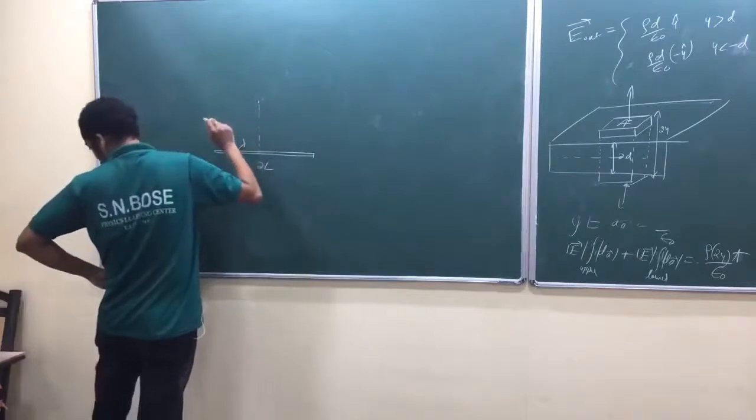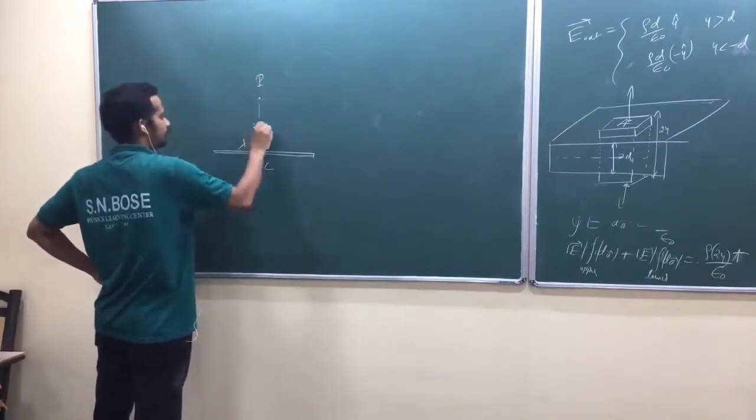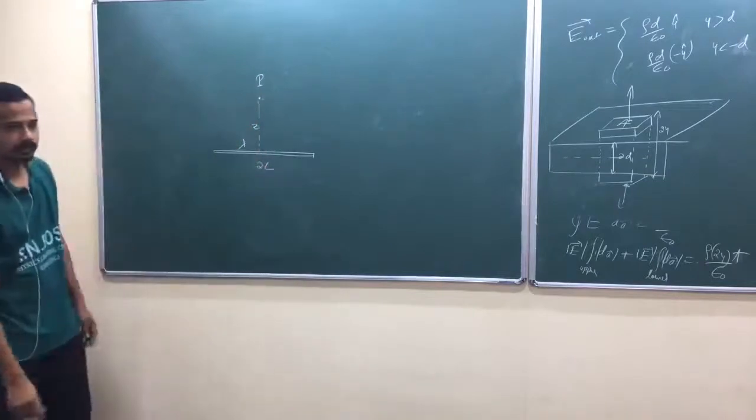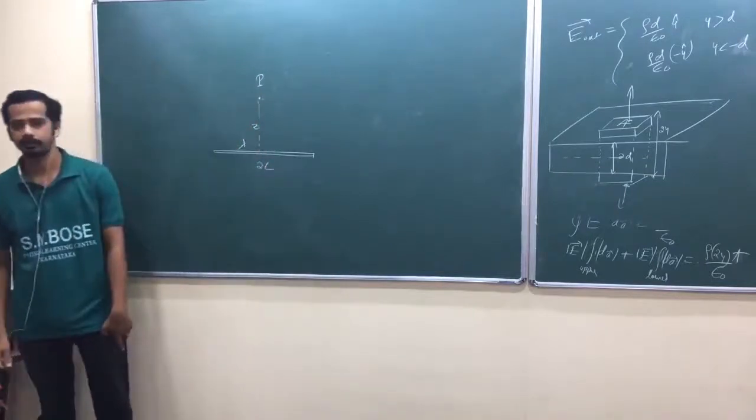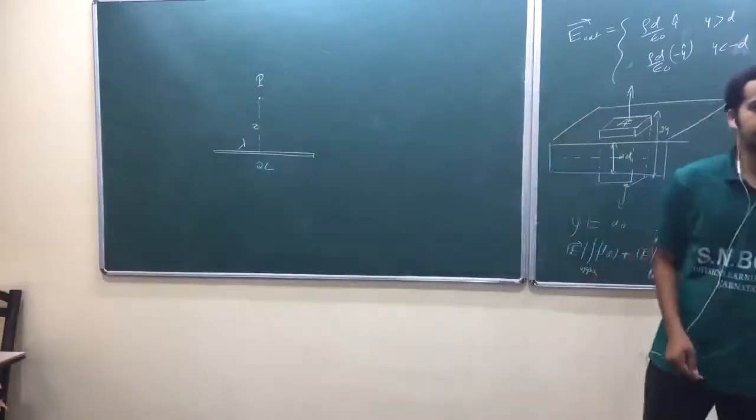What is the electric field at a point P? So at a point Z above the middle point of it, isn't it? That was the question. Potential, not electric field, potential. Isn't it? What is the potential?